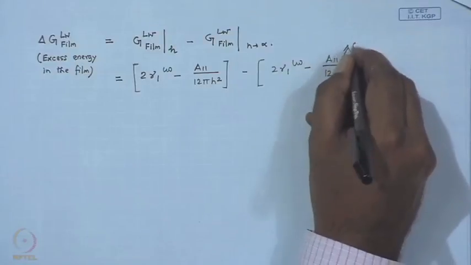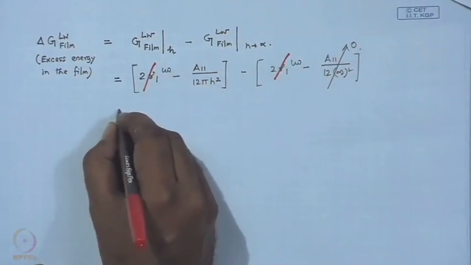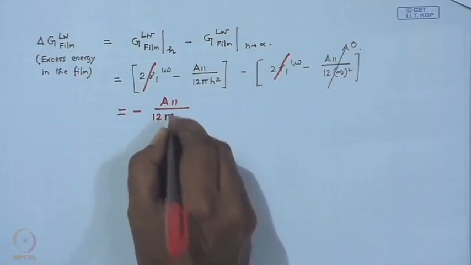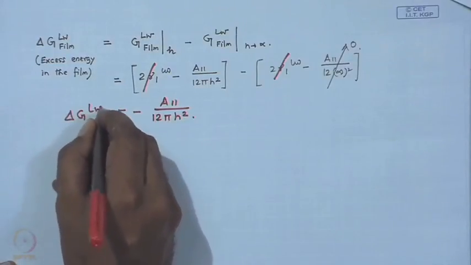So, this term tends to 0, and now as you perform this subtraction, this term also cancels out. So, you are left with this excess free energy to be equal to minus A11 divided by 12 pi h square.